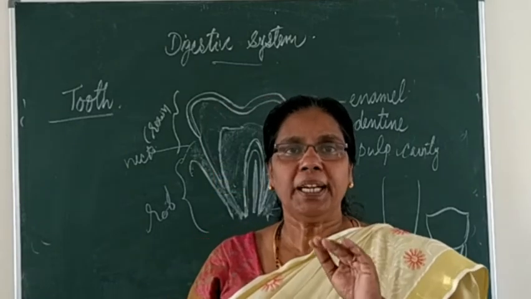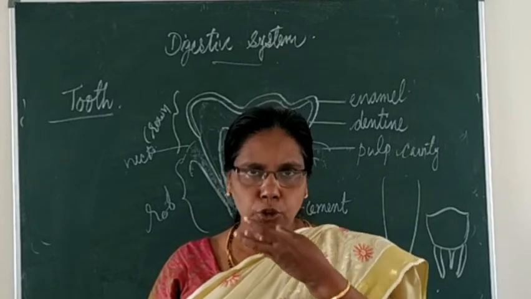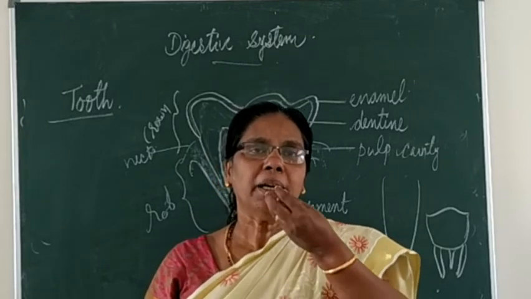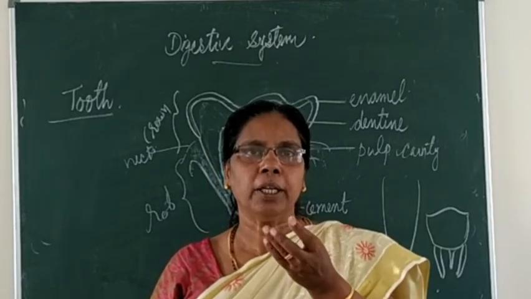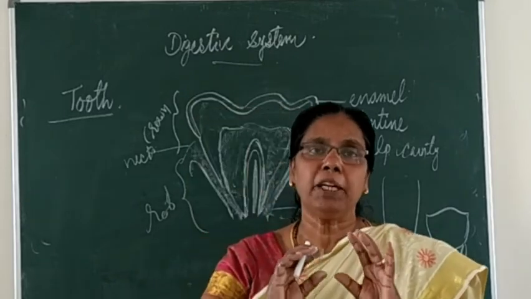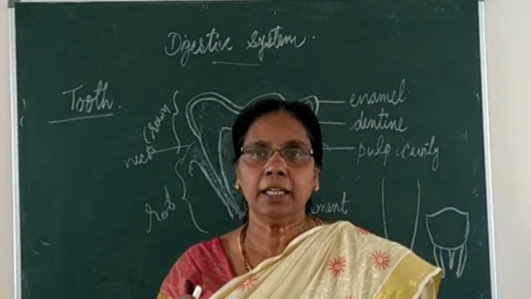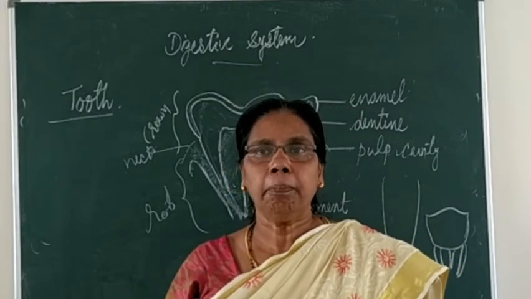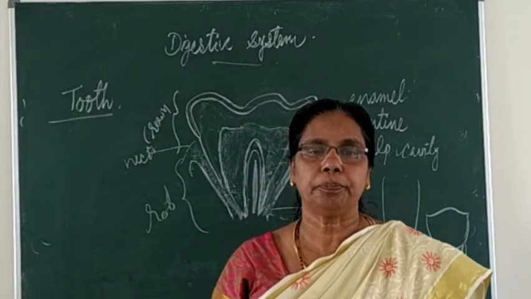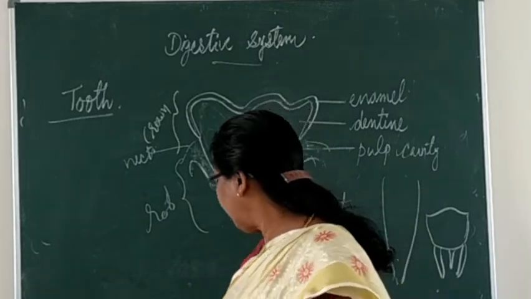So better not to talk while eating. After swallowing you can talk, but while swallowing and talking, the flap called the epiglottis will be open, so the food particles may enter into the air pipe. So avoid that. Now food has reached the esophagus.